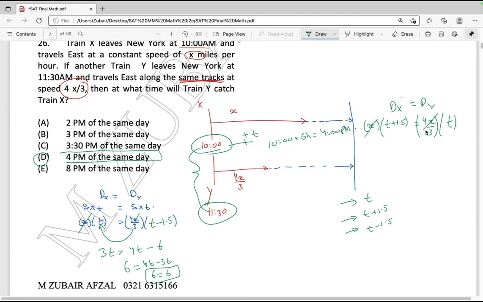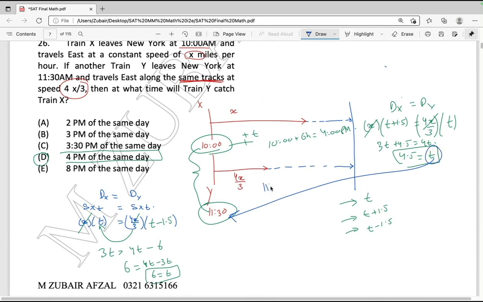The x goes away, the 3 coming on this side, 3t plus 4.5 is equal to 4t. Now 4.5 is equal to t. But now I know that we are working with t with respect to y. So I need to add this t to 11:30 because y took t hours.